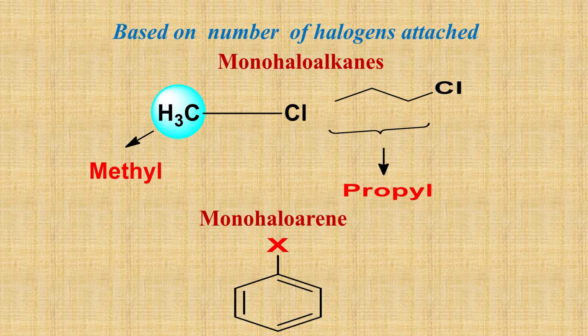The example I have given, methyl chloride CH3Cl, is a carbon atom with only one chlorine atom, an example of monohaloalkane. Next I have given propyl chloride. Look at that structure, there are 3 carbon atoms with only one halogen.